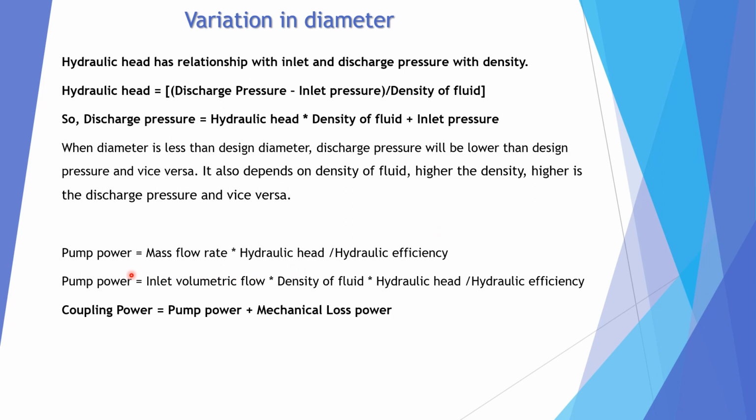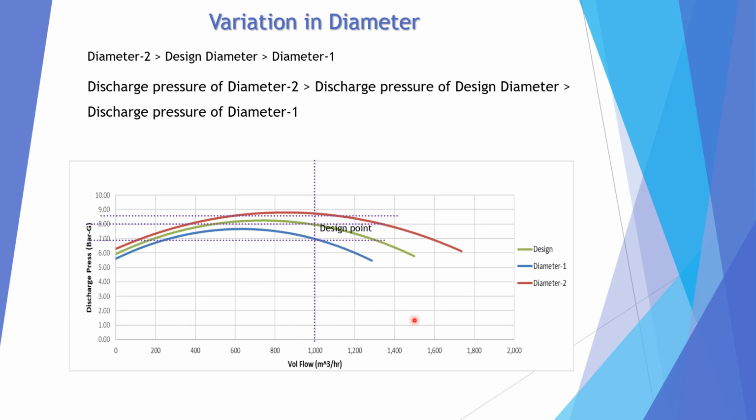and vice versa. So pump power is equal to mass flow rate into hydraulic head divided by hydraulic efficiency. So pump power is equal to inlet volumetric flow rate into density of fluid into hydraulic head upon hydraulic efficiency. So coupling power is equal to pump power plus mechanical loss power. So a graph is drawn.